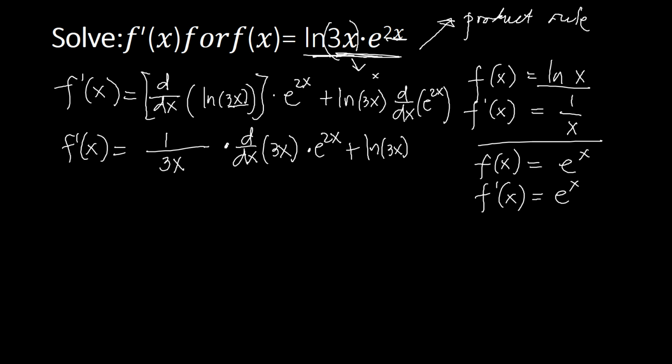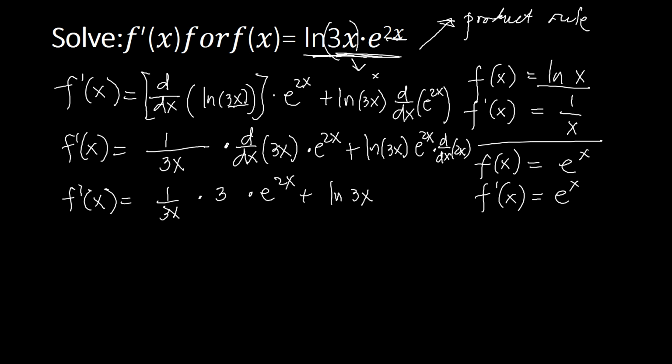Getting the derivative of that is simply e to the power of 2x times the derivative of the 2x. So simplifying that, f prime of x will be equal to 1 over 3x times the derivative of 3x, which is 3, times e to the power of 2x, plus ln 3x times e to the power of 2x times 2.